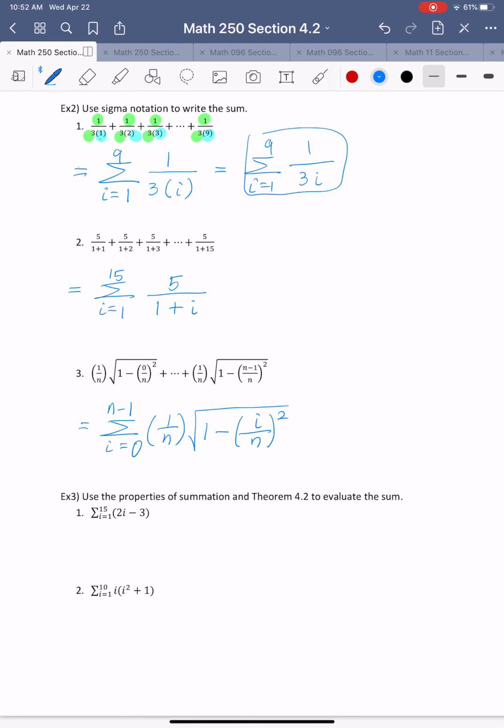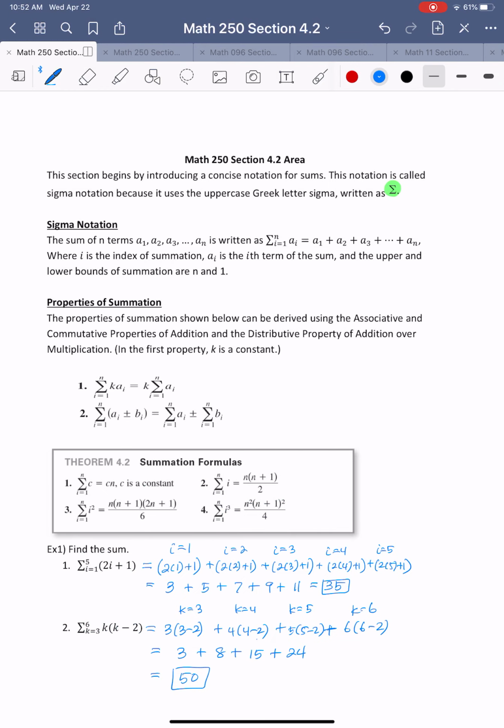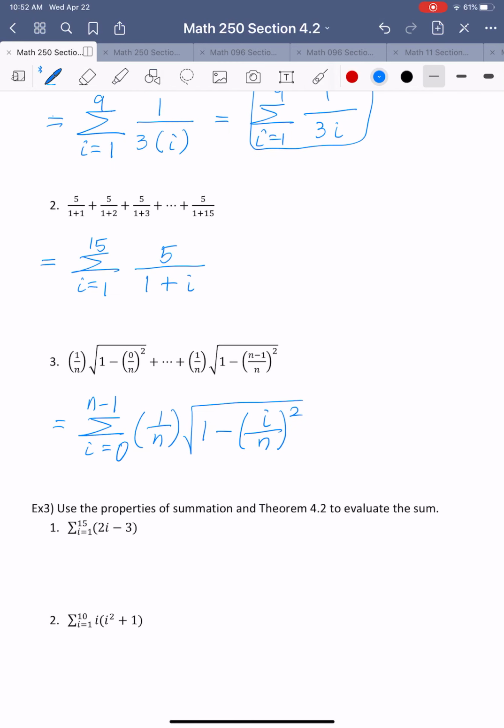And then use the property of the summation of theorem 2 to evaluate the sum. So now I'm going to use the summation notations, okay? Which is the formula that I just showed you right here in 4.2. So in that case, let me pull it out. This is the difference of the two terms. So I can write it as sigma i equals 1 to 15 of 2i minus sigma i equals 1 to 15 of 3.